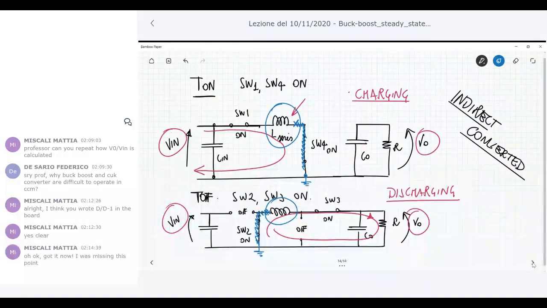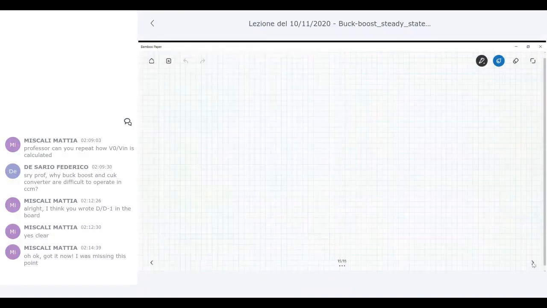So, one of the two terminals of the series inductance is always connected to the reference terminal in the charging or discharging phase. Okay, we learn that the inductance has one of the two terminals, not the same, right or left, connected to the reference.